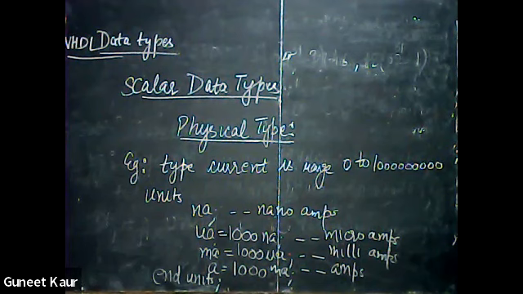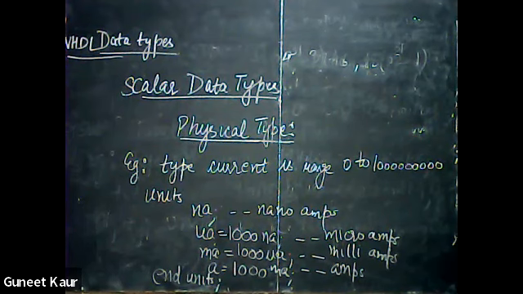So the physical type provides a base unit, and successive units are then defined in terms of this unit, like NA, UA, MA, which I have written on the blackboard. The smallest unit representable, in one base unit, is determined by the range specified in the physical type declaration.